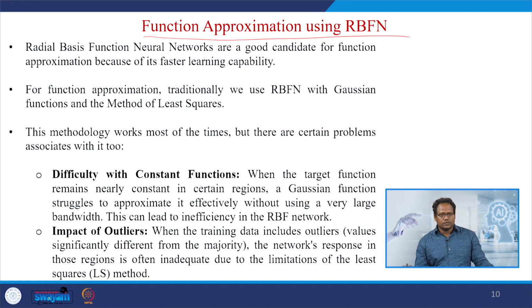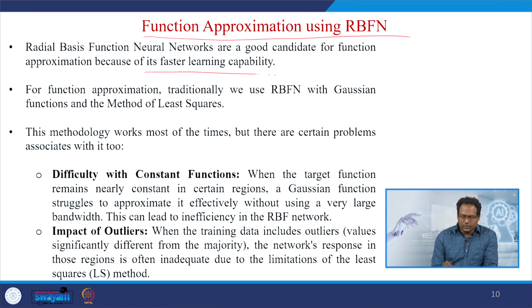The radial basis function neural networks are a good candidate for function approximation because of their faster learning capability, because they have a simpler architecture as compared to a multi-layer neural network. For function approximation, traditionally we use RBFN with Gaussian functions as the transfer functions and the method of least squares.